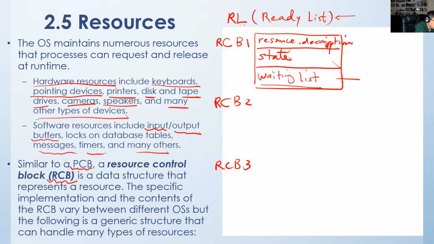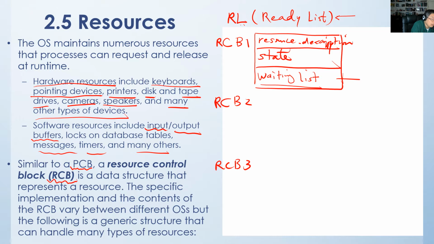Okay. Now that's only when a process gets all the resources it needs. If the process gets all the resources it needs, then the process is going to be in the ready list. Now, when a process requests resources and the resource is not available, that means the process is not ready, right?